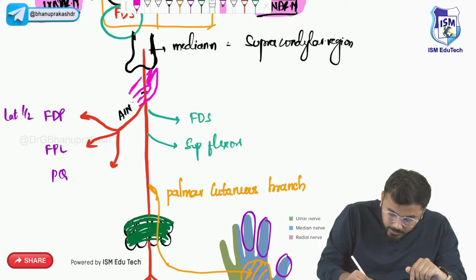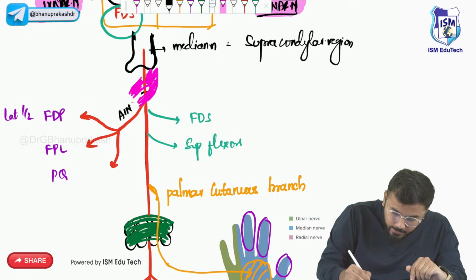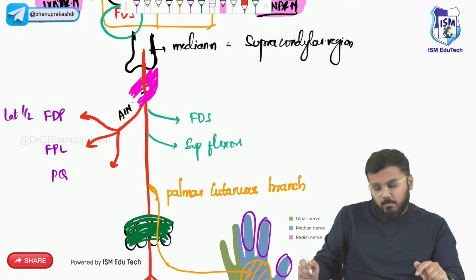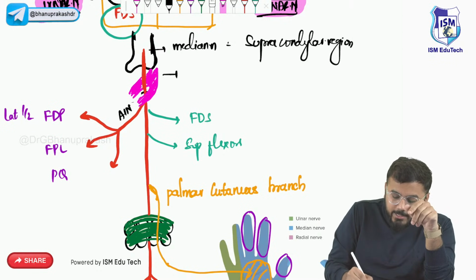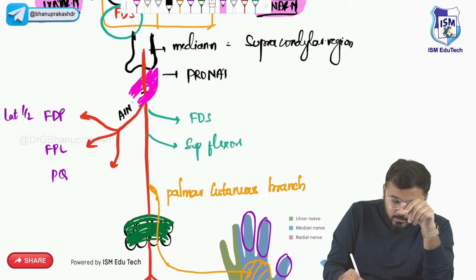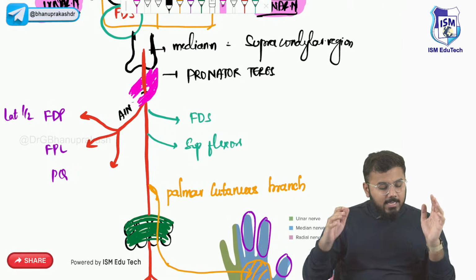Can anyone tell me what this muscle is? This muscle is called pronator teres. Very good, AJ. Pronator teres. Now let us start the game.